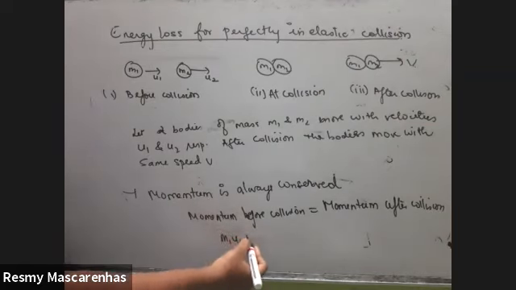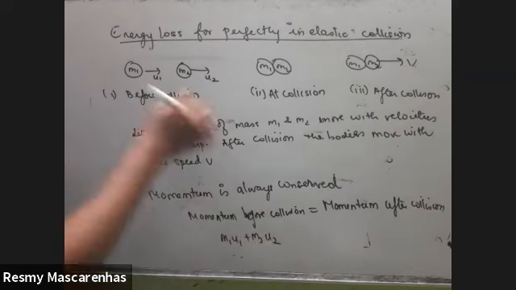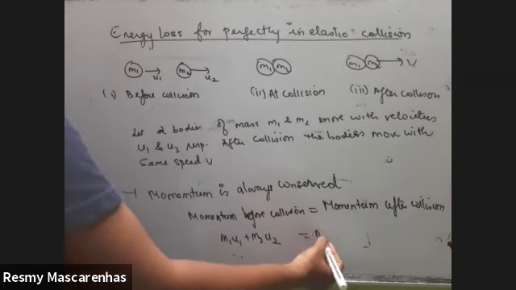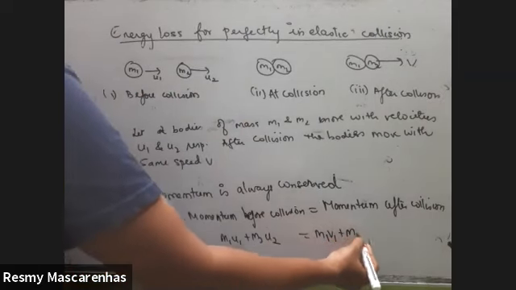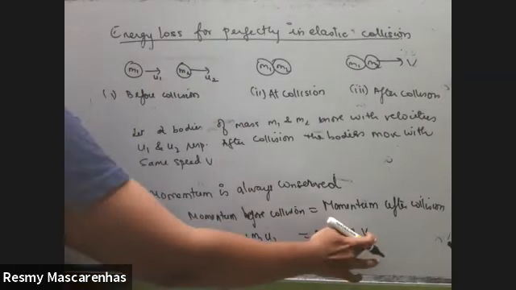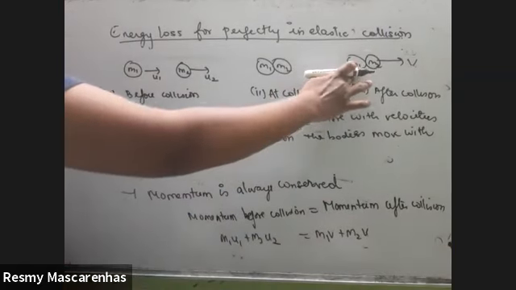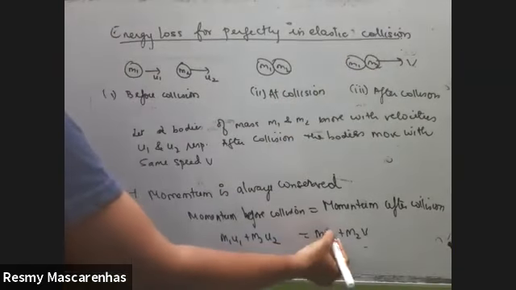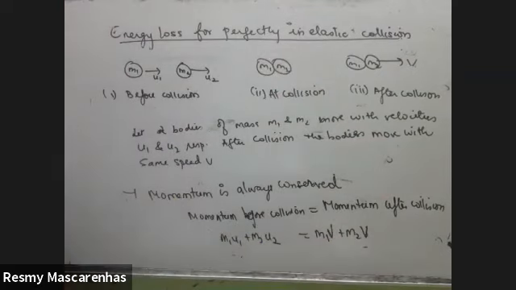m1 u1 plus m2 u2 before collision is equal to m1 v1 plus m2 v2. Now what is happening? There is no separate v1 and v2. Both are moving with the same velocity.